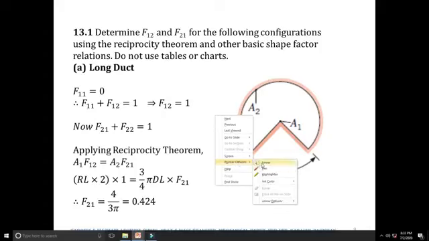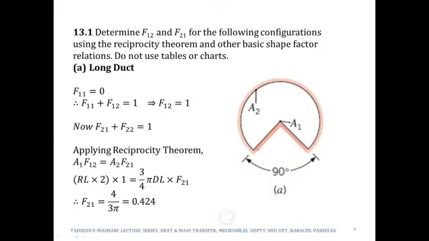So radiation leaving 1, where would it go? Of course, it will not get bent and it will not be incident upon itself. The radiation leaving 1 will only be incident upon 2. So therefore F11 would be 0, right?